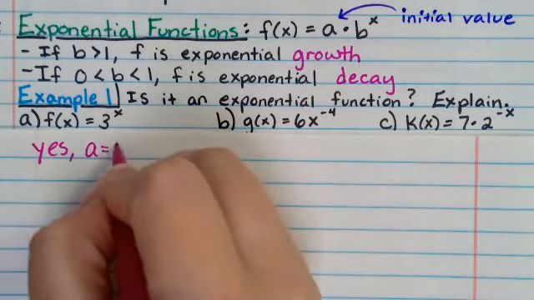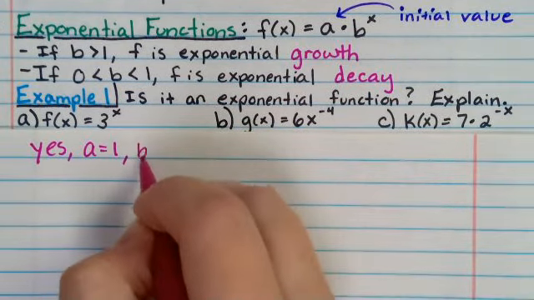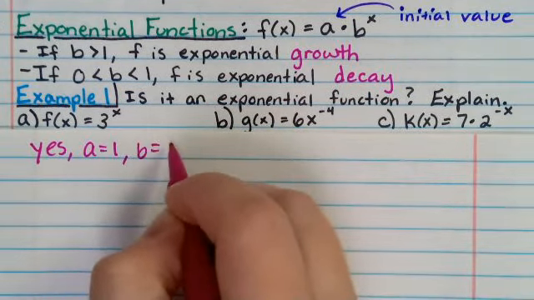The a value is 1. That's the initial value. We're just not seeing it. Okay, the b value is 3. That's the base. All right, and the other reason we know that this is exponential is because my exponent was x. Okay, those are the components we need. We need the a and b to be constants, and we need my exponent to be x.